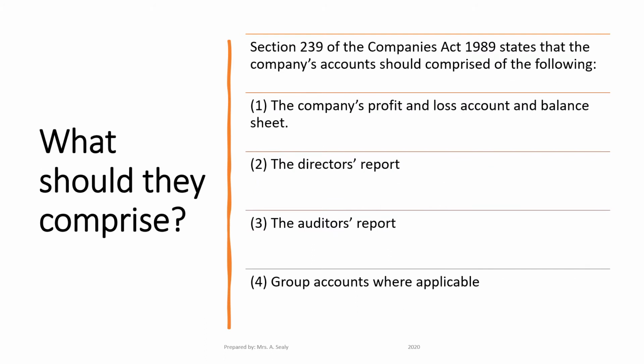What should our published accounts comprise of? Section 239 of the Companies Act 1989, and this is according to the UK Companies Act, states that the company's accounts should comprise of the following. First, it should have the company's profit and loss account, or their income statement, and balance sheet, or what we call the statement of financial position.